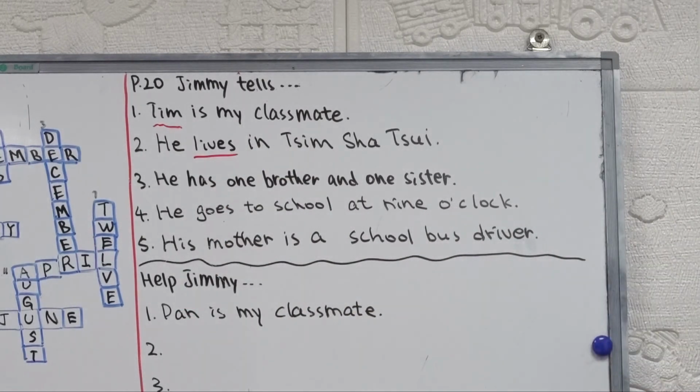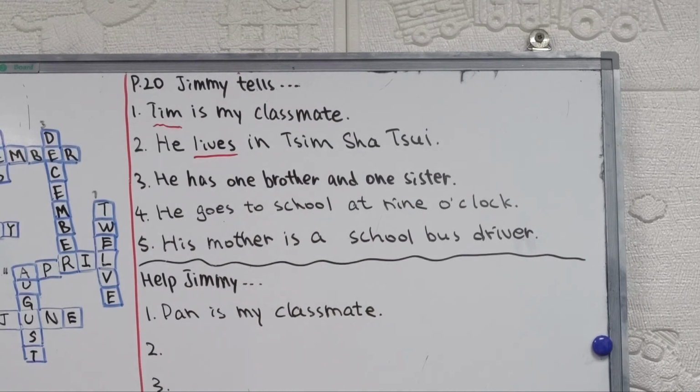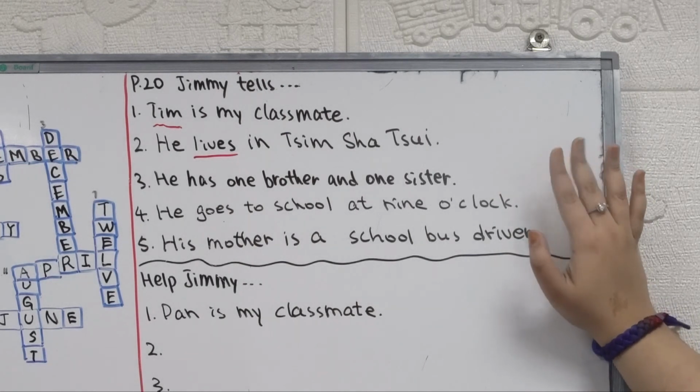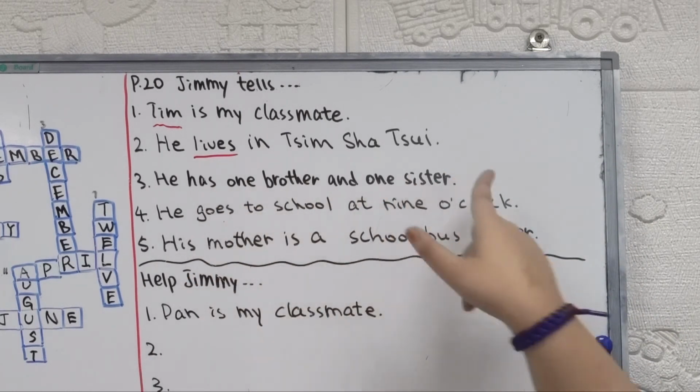Next one, the third one. He has one brother and one sister. As you can see, there is a picture of a boy and a girl, right? So that's why he has written he has one brother and one sister.